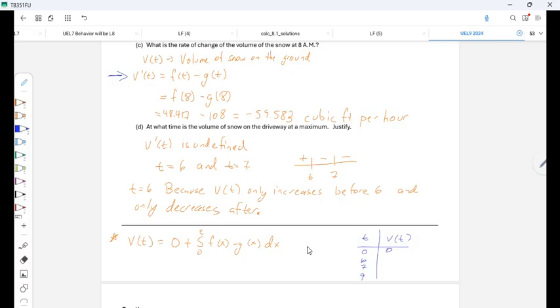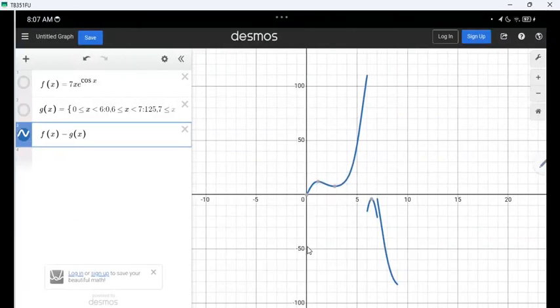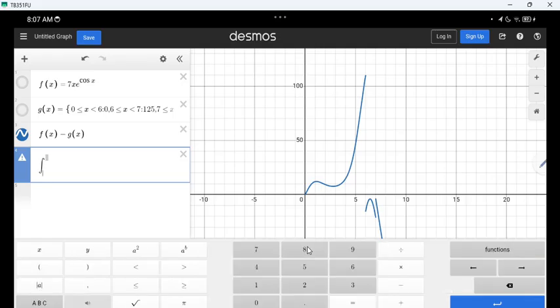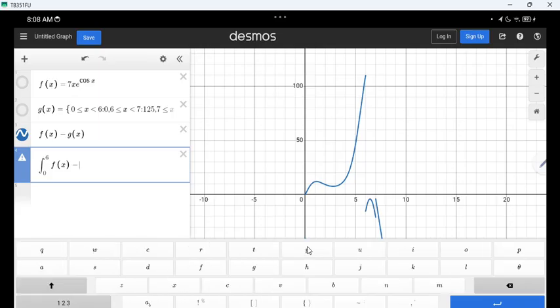However you want to do it, I might do it just this way, int 0, because all I have to do is just change this number 3 times. 0 to 6, f of x minus g of x.